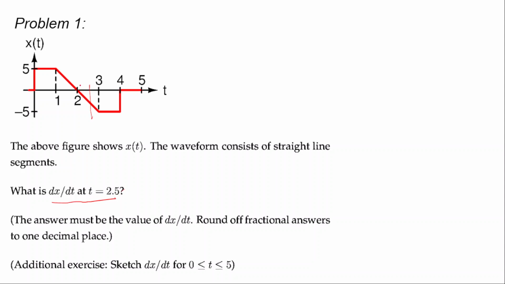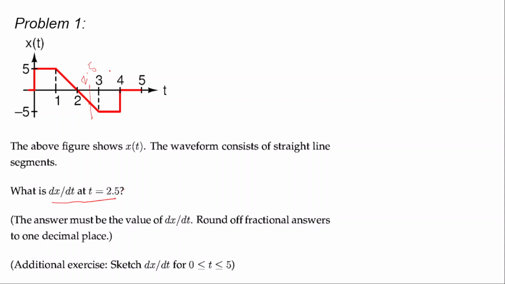The 2.5 point will come halfway between 2 and 3. As we can see, the function at t equals 2.5 is a straight line, so to calculate the derivative at this point we need to calculate the slope of this line.